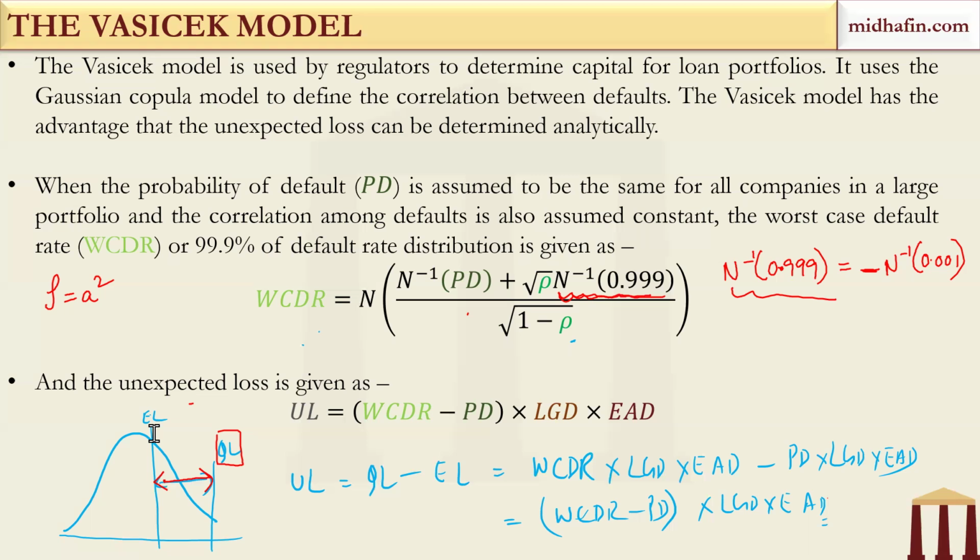I said, don't you think that if you simply consider both WCDR and PD as probabilities, the probability of going worst case is actually higher as compared to the normal probability of default, which we'll call the unconditional probability of default?